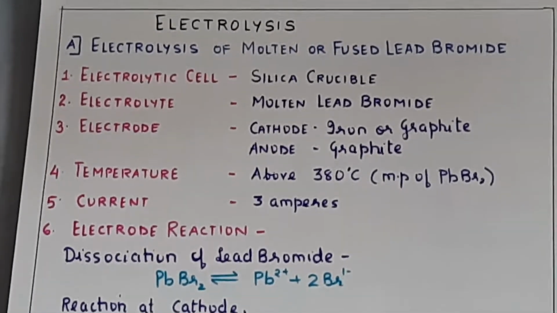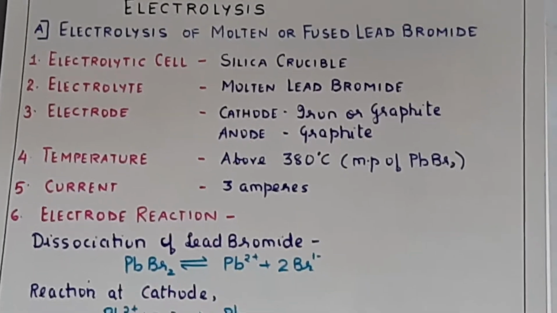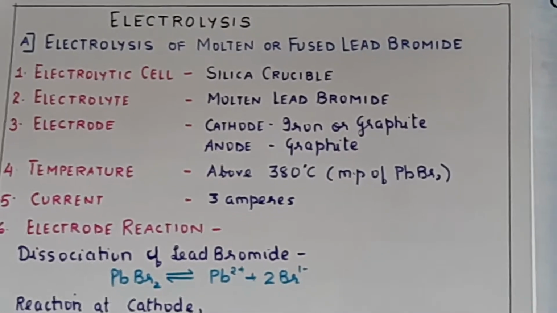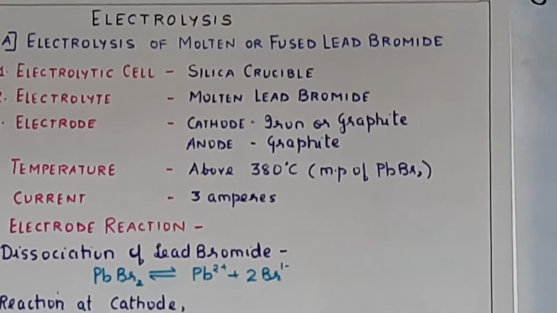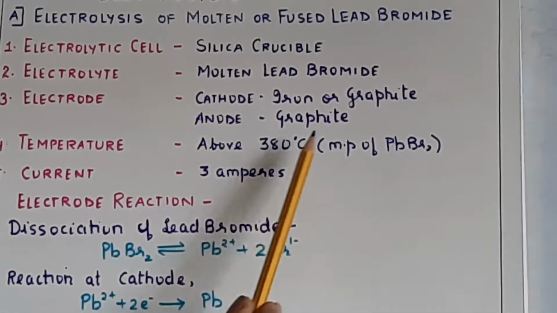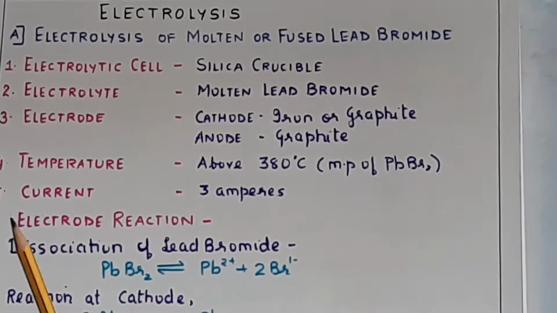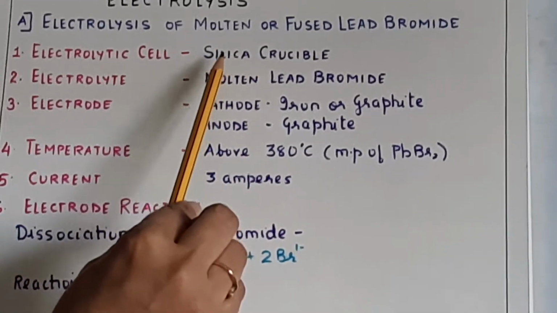So free ions are not available in the solid state. So we have to convert it into the molten or melted state for it to conduct electricity, and for that we have to supply heat. So we are heating it to around 380 degrees Celsius, which is the melting point of lead bromide. In order to withstand this high temperature, we need to use silica crucible.